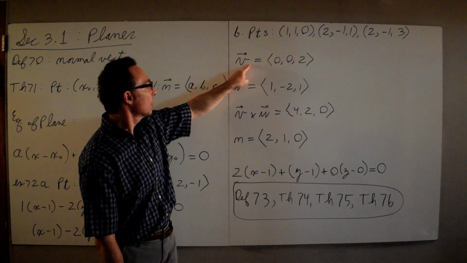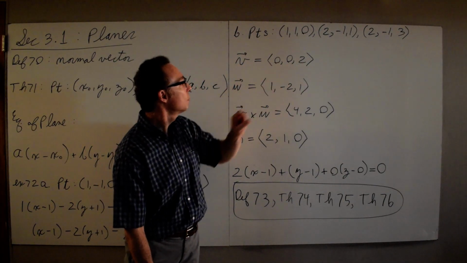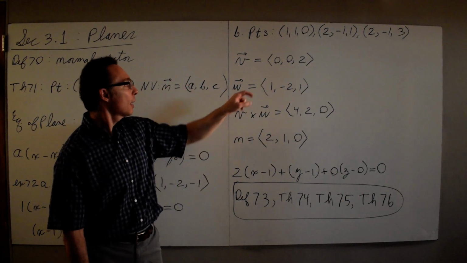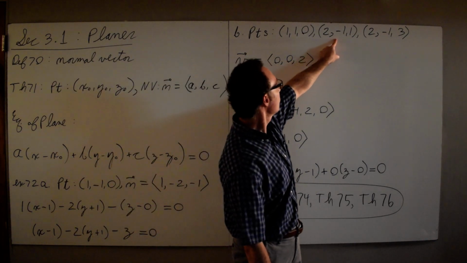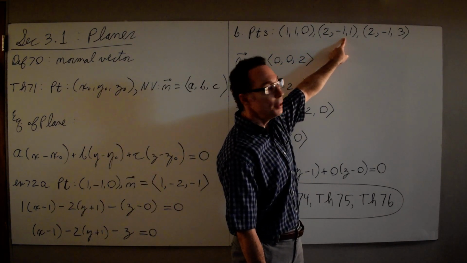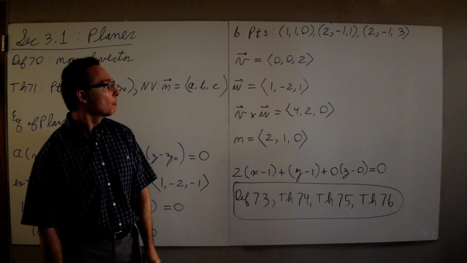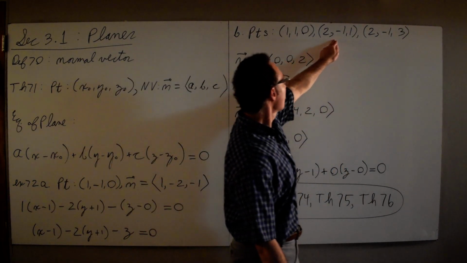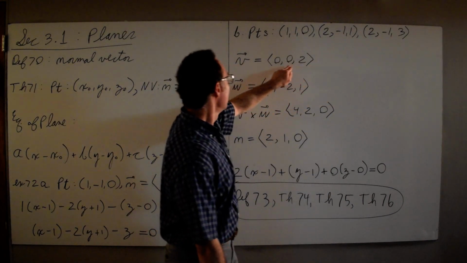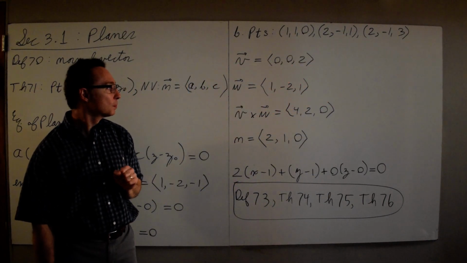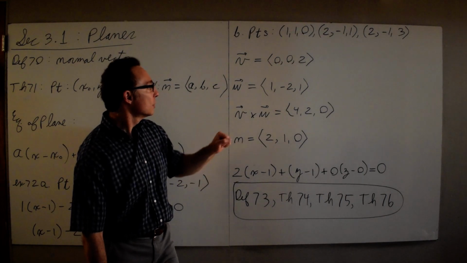So v is the vector 0, 0, 2. Where did that come from? That is the vector with initial point 2, negative 1, 1, and terminal point 2, negative 1, 3. So the vector that starts here and ends here is this vector right here. w is another vector.